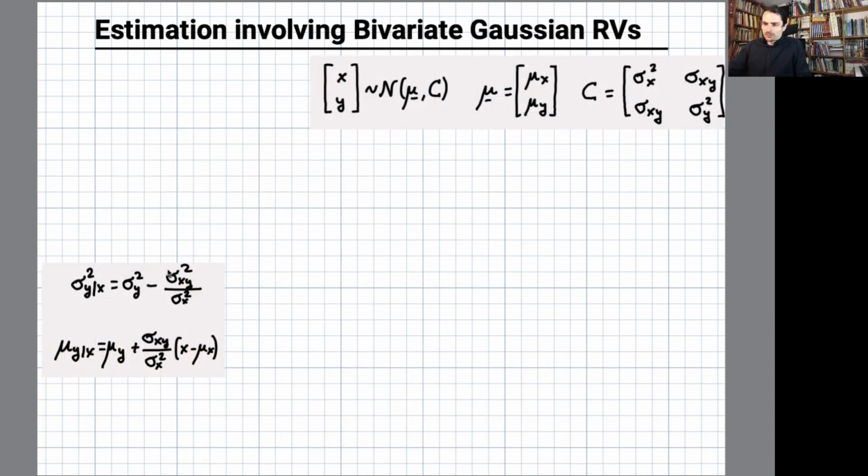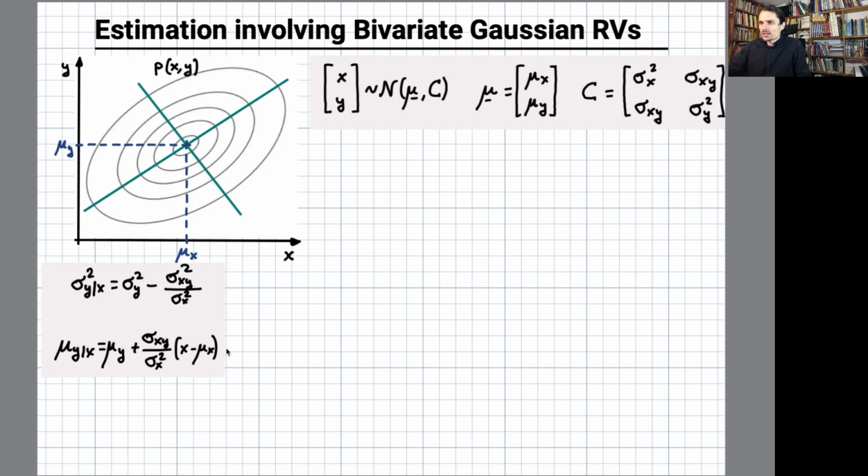The expressions provided by the theorem in the previous slide are actually very important. They show up over and over in estimation theory, so in many books and papers. And therefore, it is worth spending a couple of minutes interpreting them to see what is actually going on here.